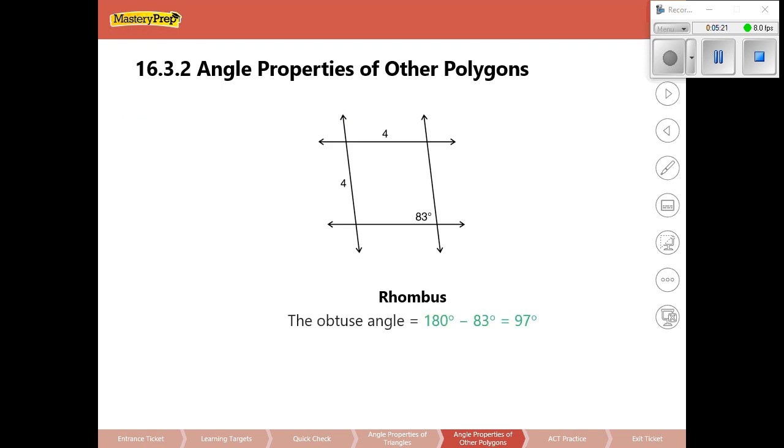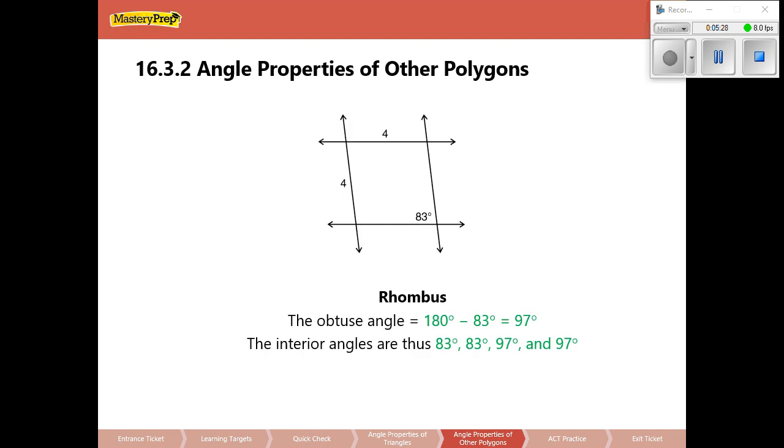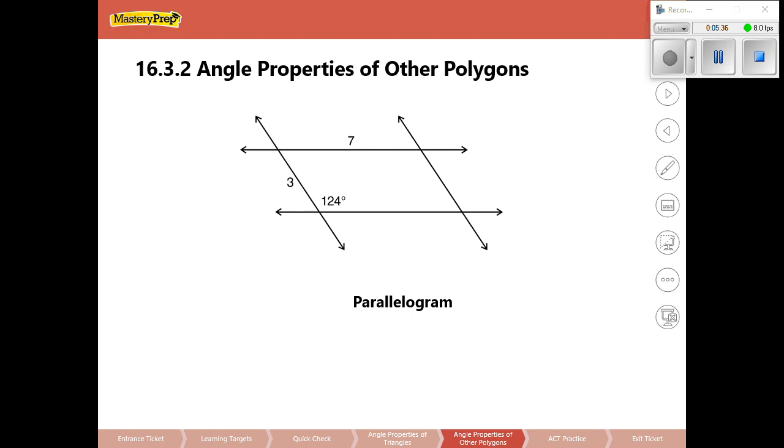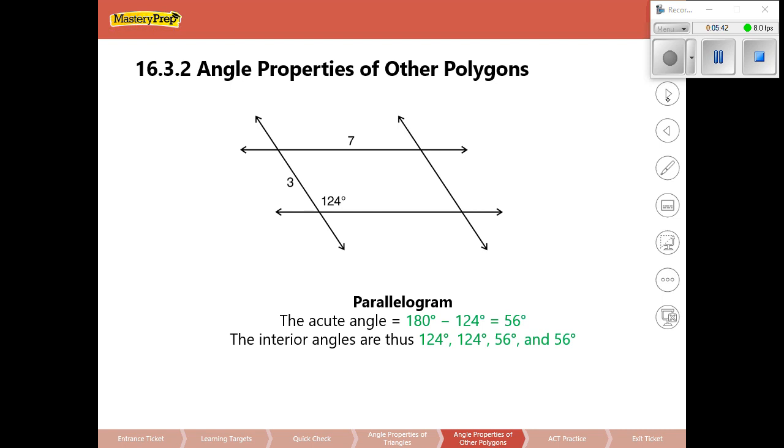So our rhombus, and exactly, we got this here, 83, 83, 97, and 97. Our parallelogram, we get that this is 124, and exactly as we found, 56 and 56.